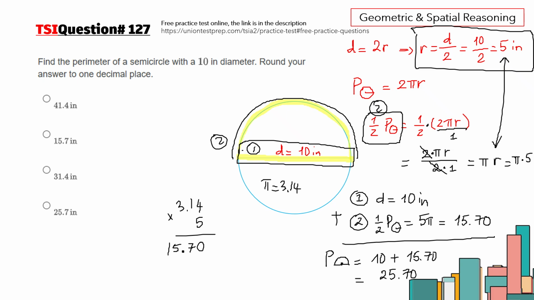Remember, they say one decimal place, which is the tenths position, which is 7, so we stop at 7. So 25.7 is the correct answer.